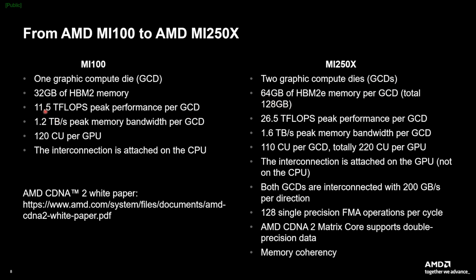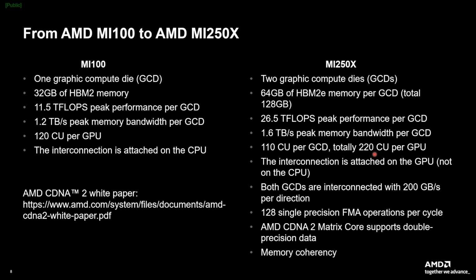Before it was 11.5 teraflops peak performance. Now it's 26.5 teraflops peak performance per GCD. Before the memory bandwidth was peak 1.2, now it's 1.6 per GCD. Before we had 120 compute units per GPU, now we have 110 per GCD, totally 220.